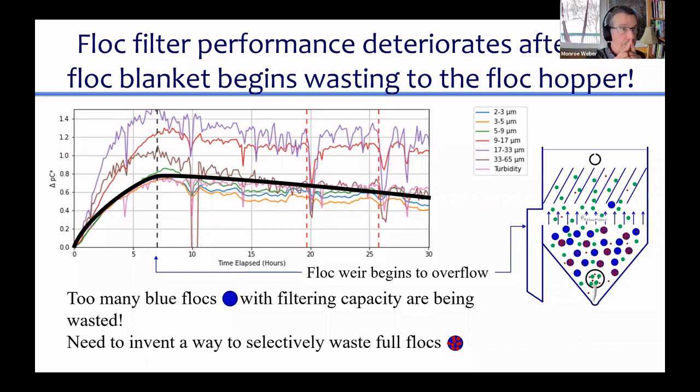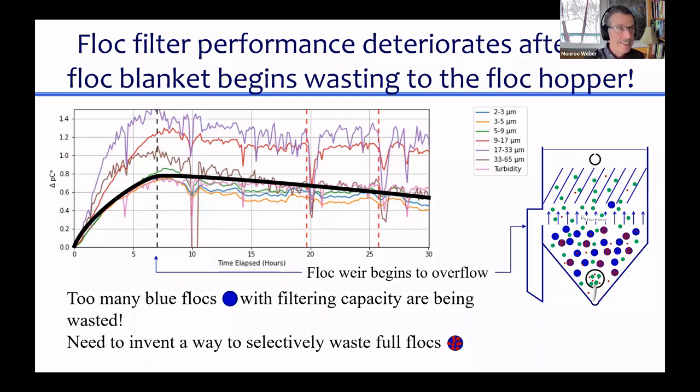It's that at that point, some of those beautiful blue flocks, before they've ever had any chance to capture any of the red particles that we're trying to remove, get wasted and dumped. Before that time, none of them get wasted because we're not wasting any flocks. So it's once the flock filter gets to the flock hopper and starts dumping, we start losing some of those flocks that we were counting on, the blue guys.